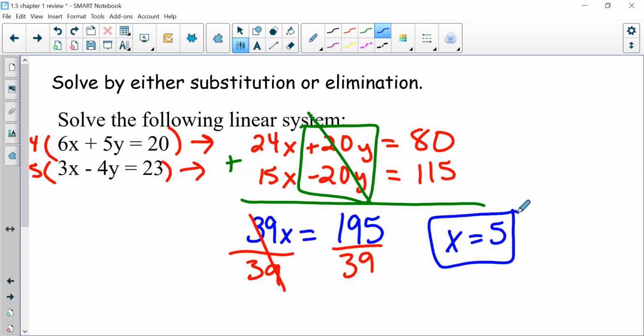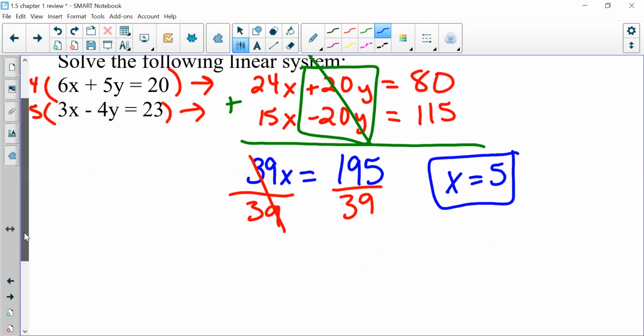Okay. And then you solve for y, right? You could use these, but we just made them bigger, so I would avoid those. I would go back over here and pick one of those. Which one, Logan? The top one or the bottom one? Top one. 6x plus 5y equals 20.